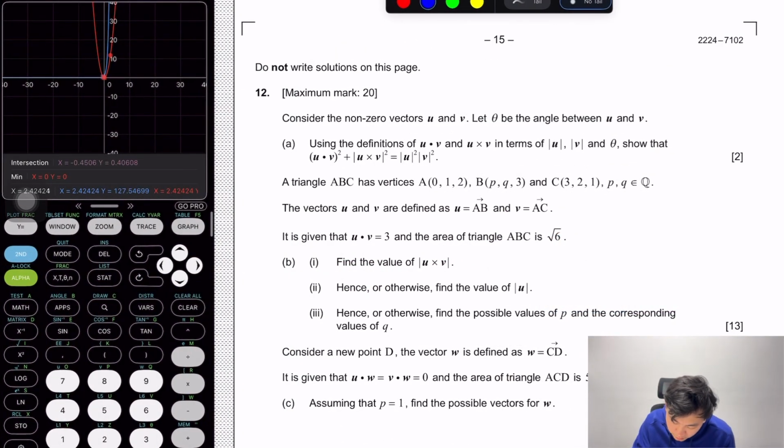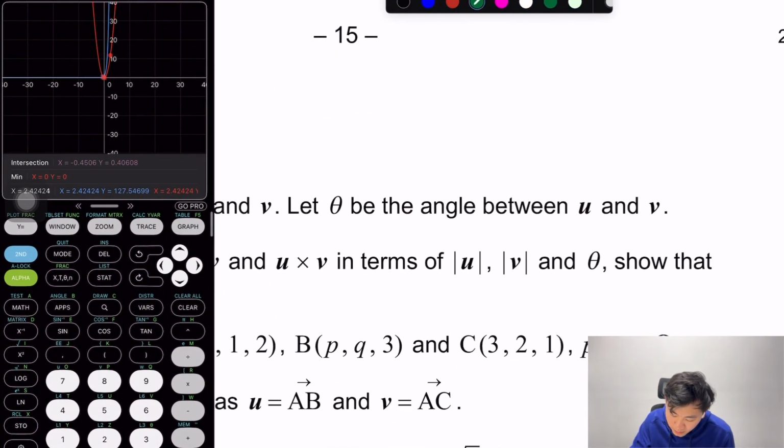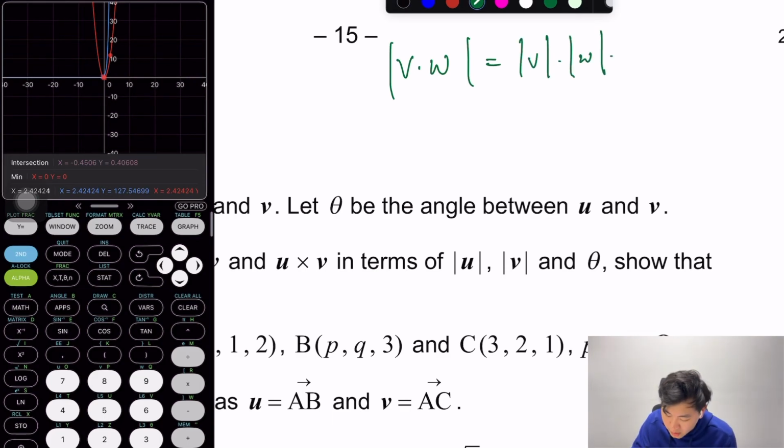So now let's write it out, something for us to write down. The dot product v dot w, okay? What does it equal to? It equals the absolute v times, we say absolute, easier to understand, okay? And then the dot product is going to be times the cosine theta, right?